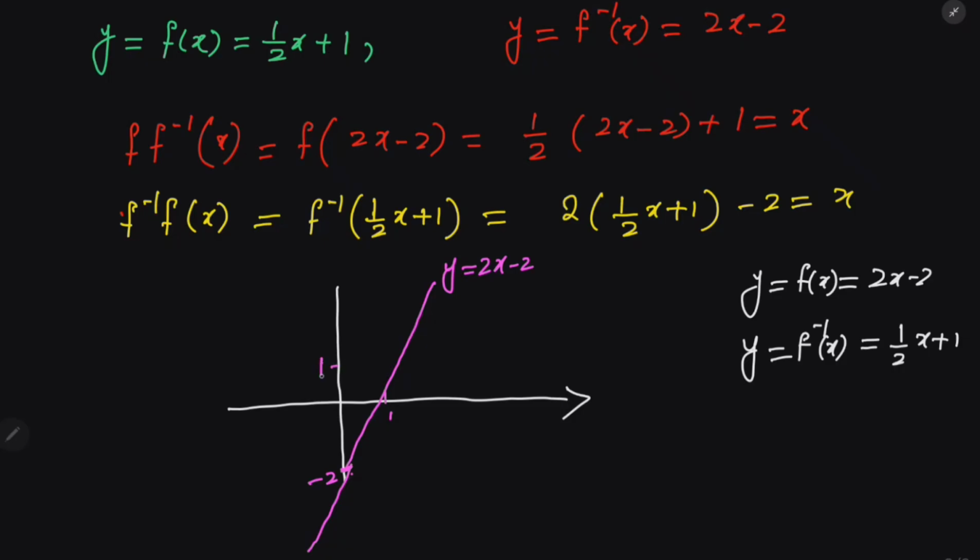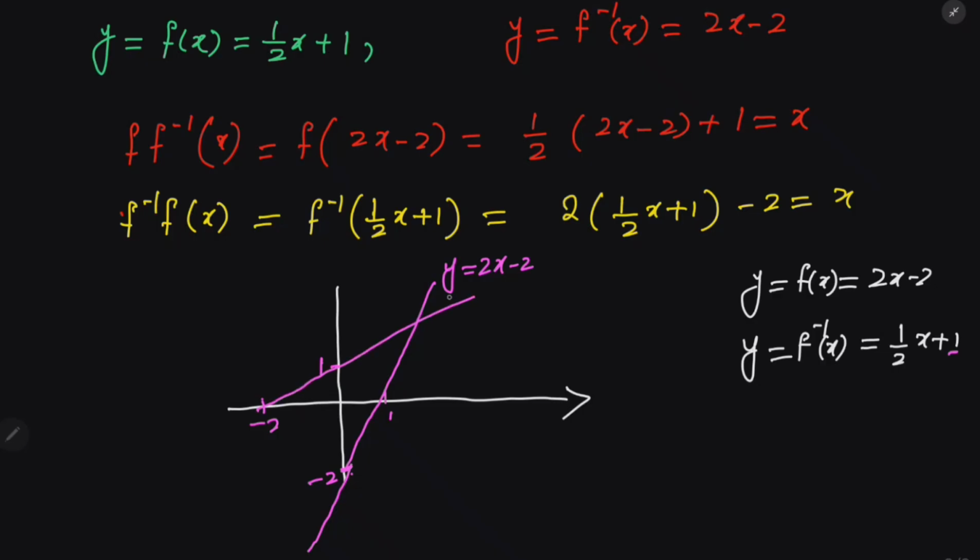When we have 2x minus 2, we have minus 2 over here. And the other function has intercept 1, and the slope is 1 by 2. On the y-axis, x is 0, so we have minus 2. On the x-axis, y is 0, so we have 1.